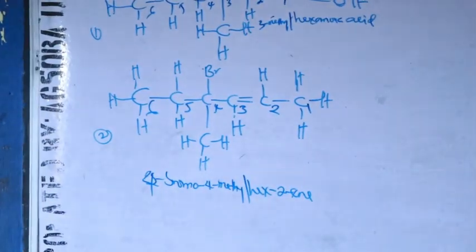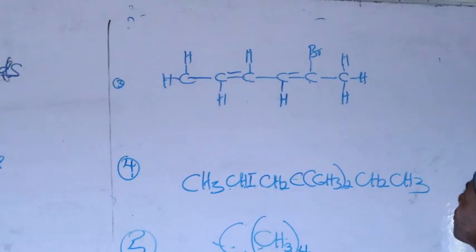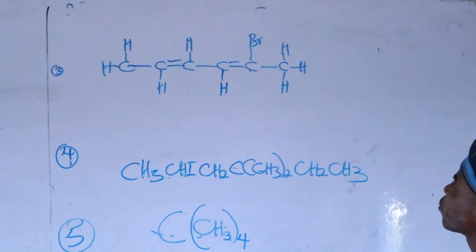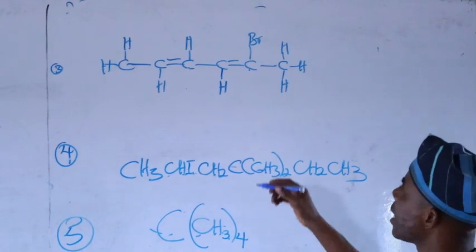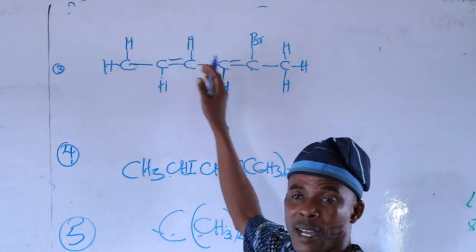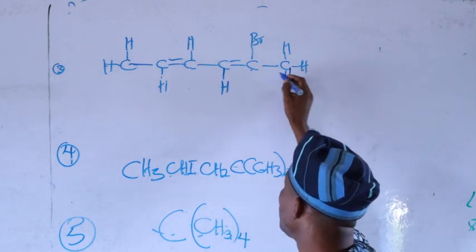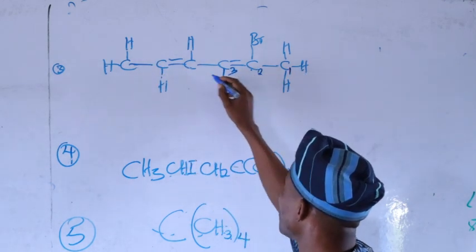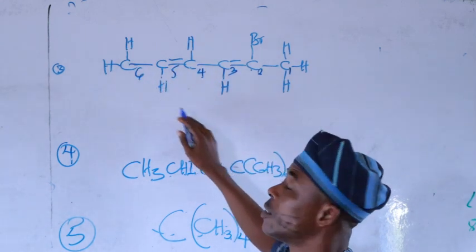Number 3. You can see there are 2 functional groups here, and that is alkene. Carbon number 1, 2, 3, 4, 5, 6.